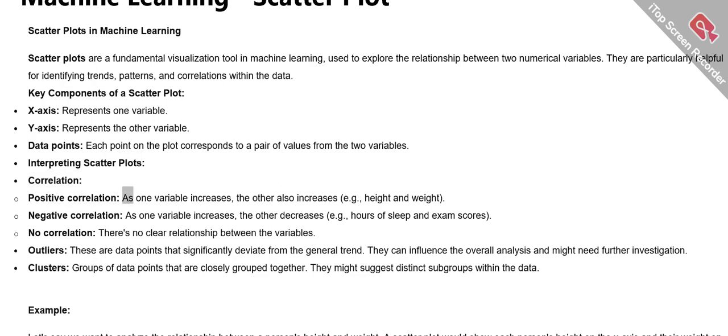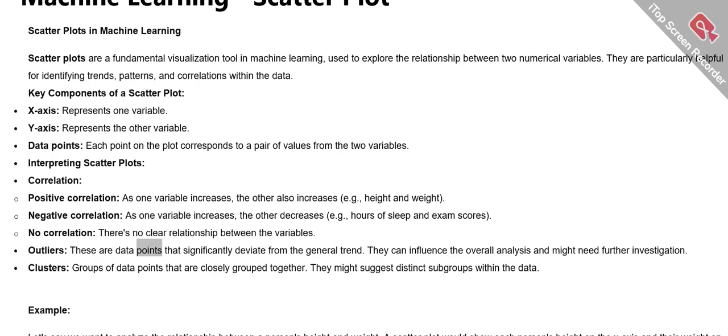Positive correlation: as one variable increases, the other also increases, for example height and weight. Negative correlation: as one variable increases, the other decreases, for example hours of sleep and exam scores. No correlation: there's no clear relationship between the variables.